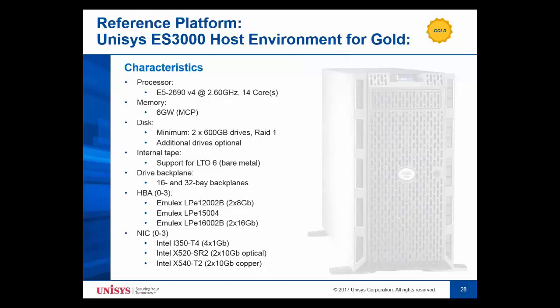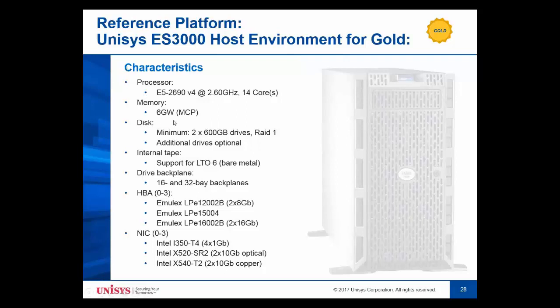For our reference architecture, our engineers chose the E5-2690 V4 chipset running at 2.6 megahertz, with 14 cores. This took into account a virtualized environment, which they would have recommended for VMware. If you are running on bare metal, you may not need so many cores, and the compatibility guide on our website has details on how to determine how many cores you would need for your environment.